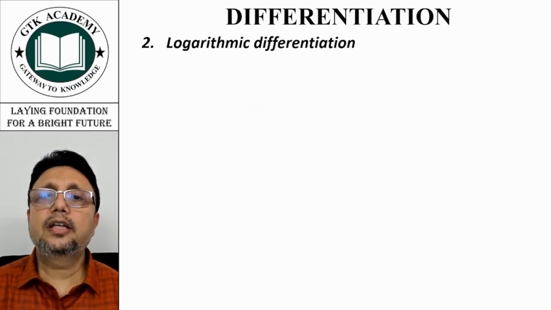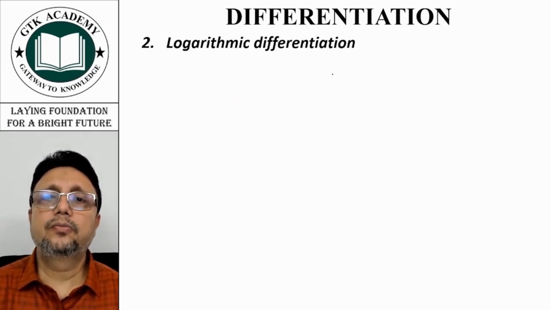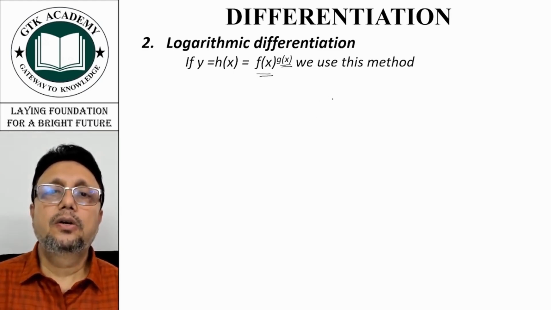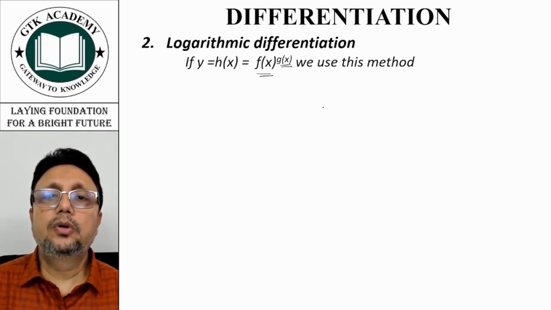The second is logarithmic differentiation. Suppose you have a function y is equal to h(x), which is of the form f(x) to the power g(x). So what do we do?